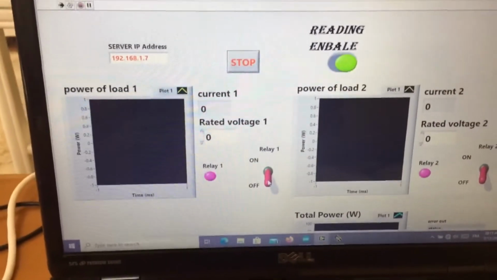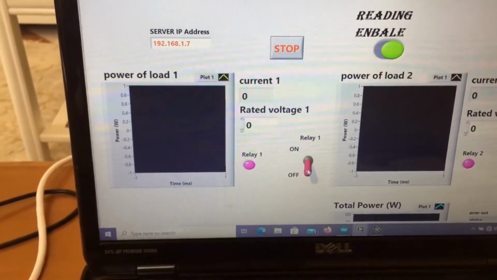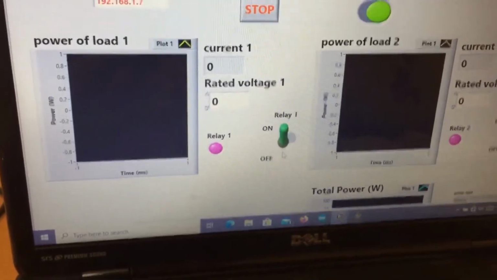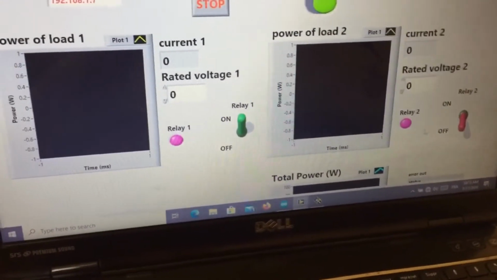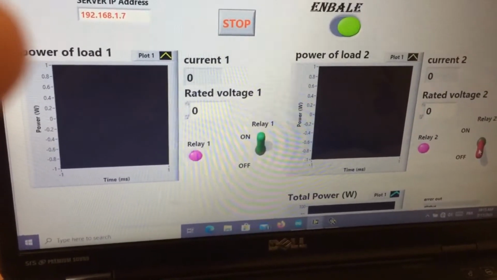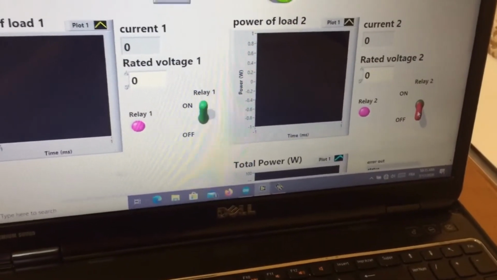So now as you can see, the LabView program is up and running, and we can know when it is running by switching this relay on, and we can know it is running because the connection will take time. So this is the relay number 2.